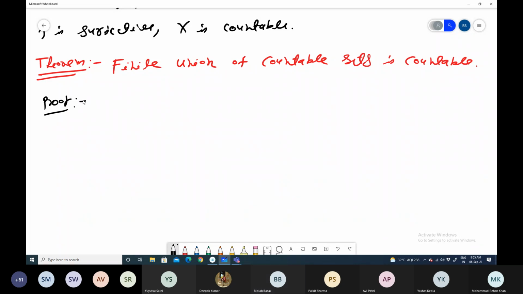You should give a proof of that one. That is very simple. First of all, let x1, x2, x3 up to xn be countable sets.